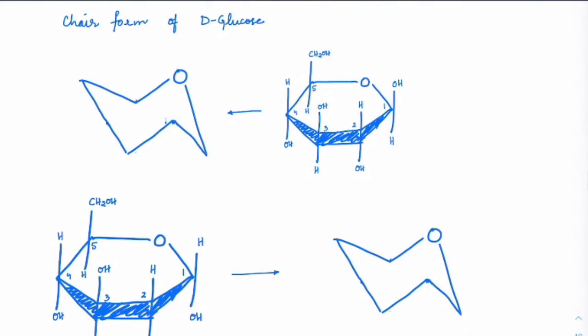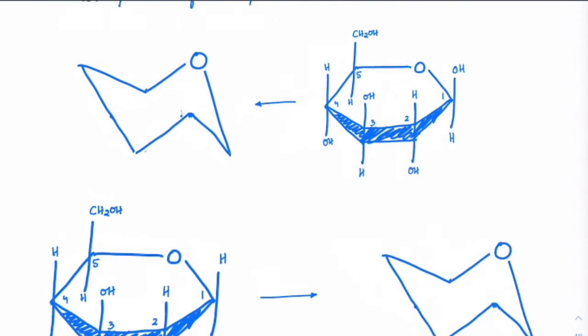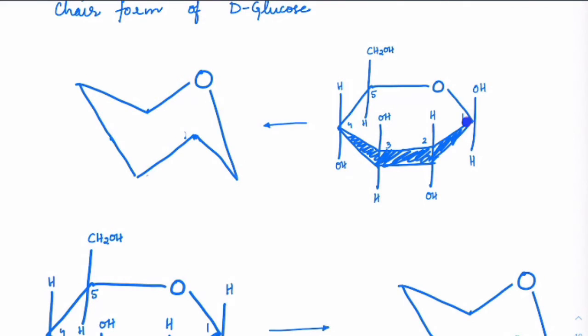Check out here. How does the chair form look like for this compound, beta D glucopyranose, if I write it in the cyclic chair form? This carbon 1 is this one, and H is down, so I'll still put it as down, and OH will be on the equatorial position.